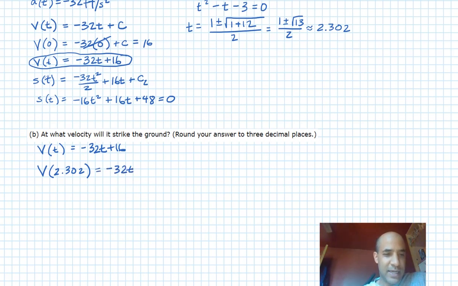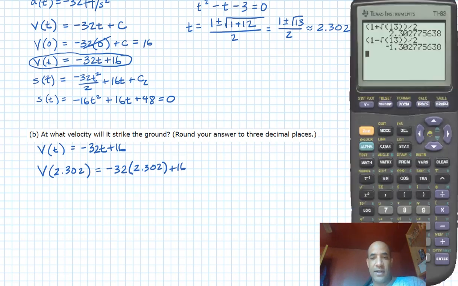Oh, not t. Let's back up a little bit. I want to put the t value in there. It should be equal to -32 times 2.302 plus 16. And I get out my trusty calculator again and figure that out. -32 times 2.302 plus 16.